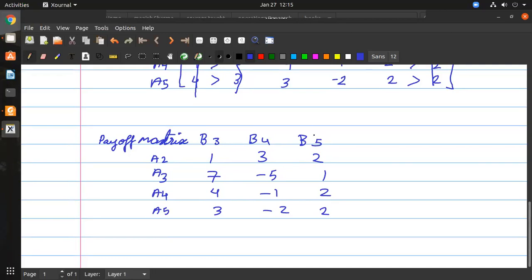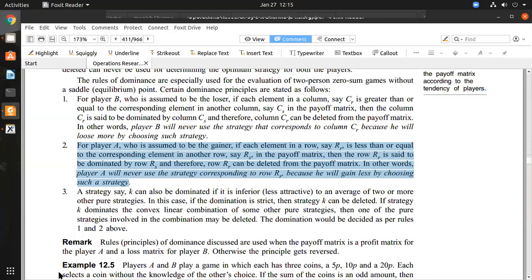So we will eliminate this row also. How to eliminate? Let us check this first row. So these two column averages. This is the third point now. Now we are talking about the third one.